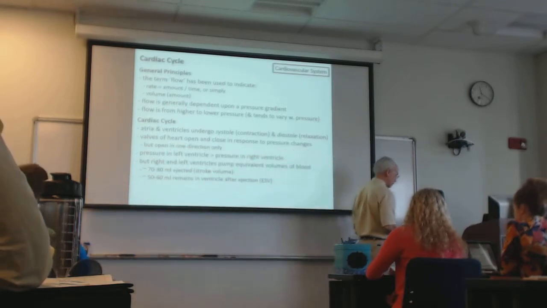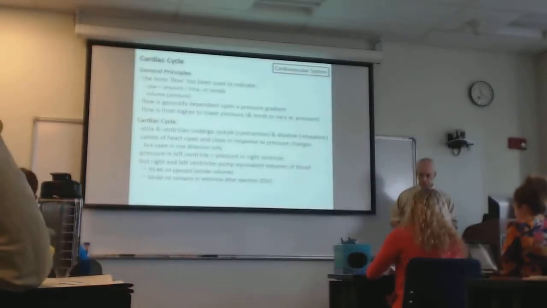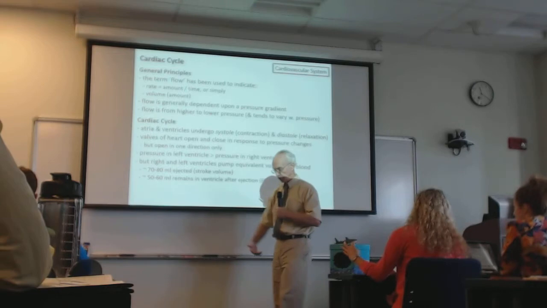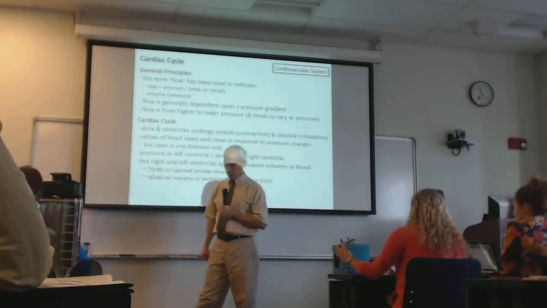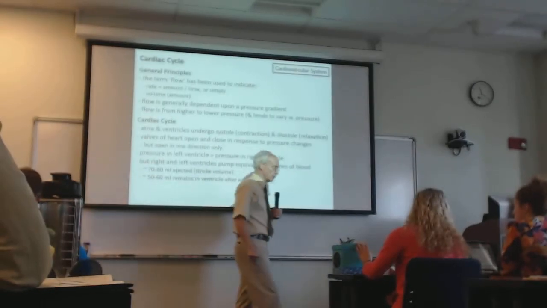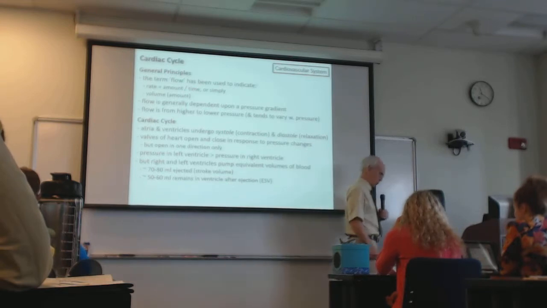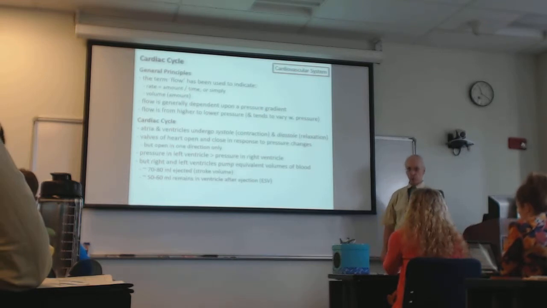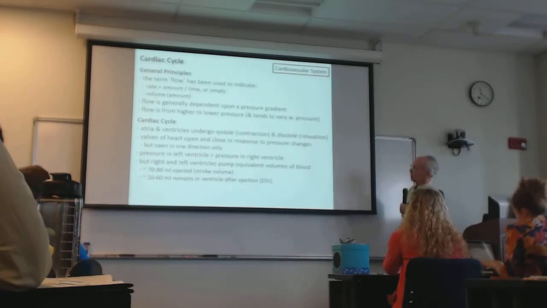Now we need, in any type of rheological system where we have flow of fluid through tubules, in order for that flow to occur, there must be a pressure difference. So the heart, first and foremost, establishes the necessary pressure difference or pressure gradient for the blood in the body to flow either through the lungs or through the body.